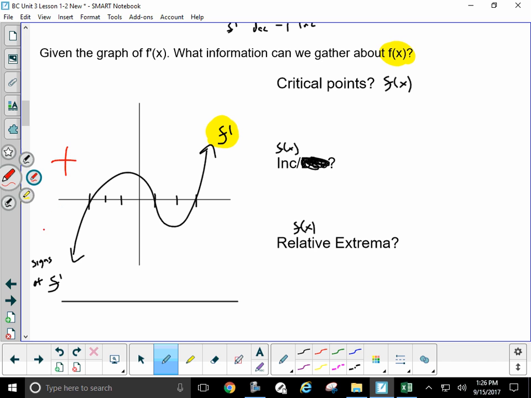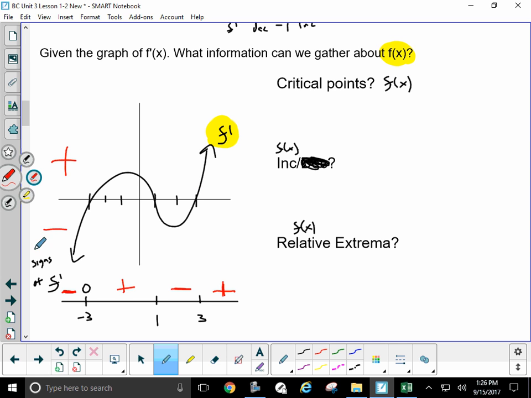F prime is negative if you're below the x-axis, when your y's are less than 0. Where do we have zeros? We have a 0 at -3, a 0 at 1, and a 0 at 3. My values are negative until -3. My values here are positive until 1. They are negative from 1 to 3, and they are positive after 3.